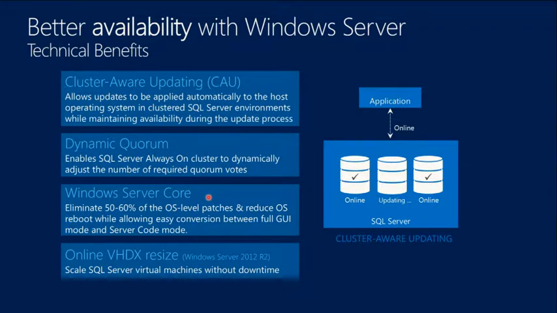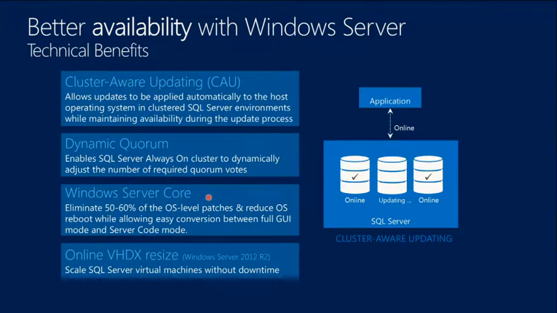And with Windows Server 2012, you can switch between the Windows Server Core mode and the full GUI mode back and forth. In the past, you had to either install a full GUI, and if you wanted to go to Server Core, you had to reinstall Windows, and vice versa, right? In Windows Server 2012, now we allow you to switch back and forth. So imagine when you deploy SQL Server in production, you might want to start, let's say, with the full GUI, but when you're ready to go to production, you turn it to Windows Server Core, right?